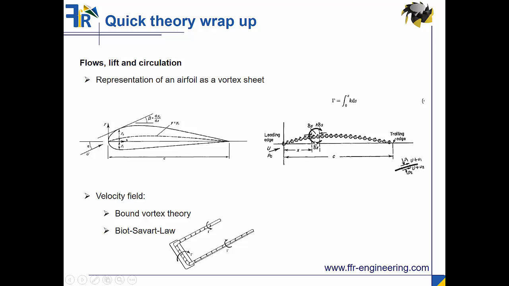These vortices replace the whole cross-section of the airfoil, and then the circulation can be determined by a line integral over the camber line and the vortices. So this is really the basic idea of vortex sheet modeling.